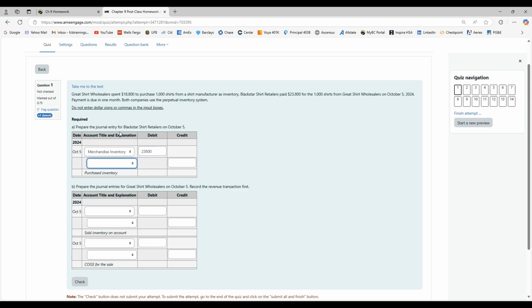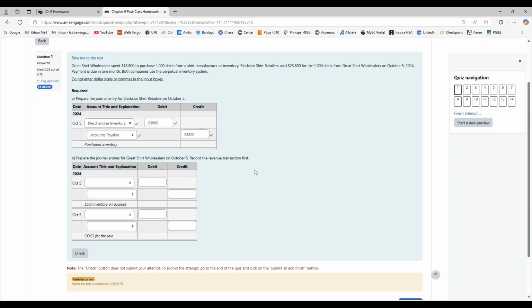And I'm assuming we're going accounts payable here as far as our credits go. Generally, anytime we're looking at transactions in this chapter, whether it's sales or purchases, we're using either accounts receivable or accounts payable, not cash transactions when it comes to inventory.